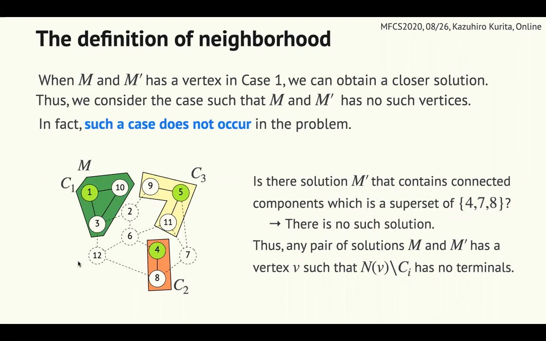In case 2, the difficulty is moving the terminal vertices. In this problem, each component has at most one terminal. Thus, case 2 does not occur, and we can find the closer solution only from the neighbor of case 1. Since we can compute case 1 in polynomial time, it runs in polynomial delay.